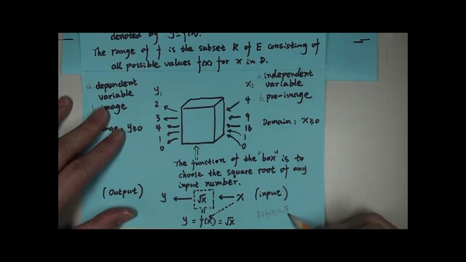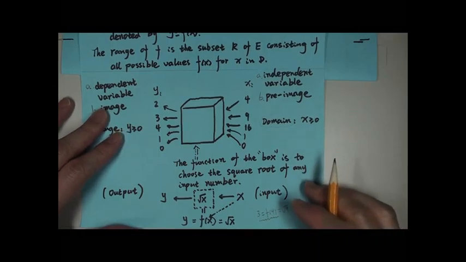Everyone knows radical 9 is 3. So here is something new: you may write f of 9 equals 3. You may also write f of 1 is 1, f of 0 is 0, and f of 4 is 2. Here are just examples.